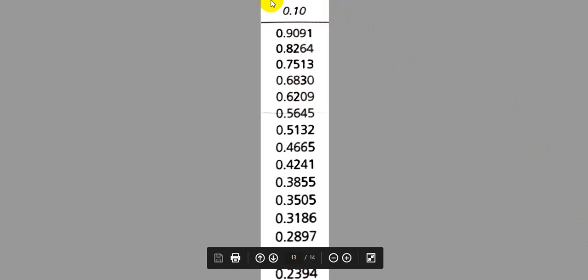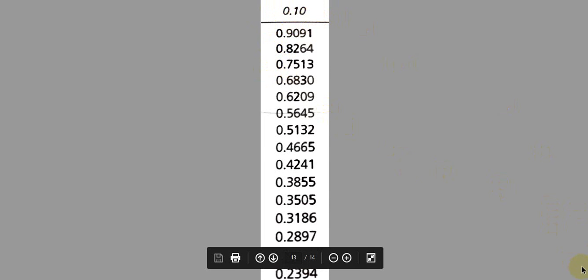So first, these are the amounts that we are going to use from table B. You take the factors according to how many years you are going to find.